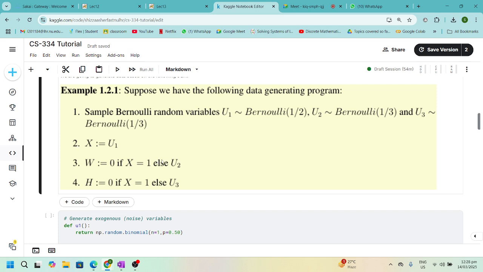Otherwise, if X is not 1, then W is going to be equal to U2. And we know that this means if X is equal to 0, then the probability of W being 1 would be the probability of U2 being equal to 1, which is 1 by 3. And H works the same way as W, except that it uses U3 instead of U2.